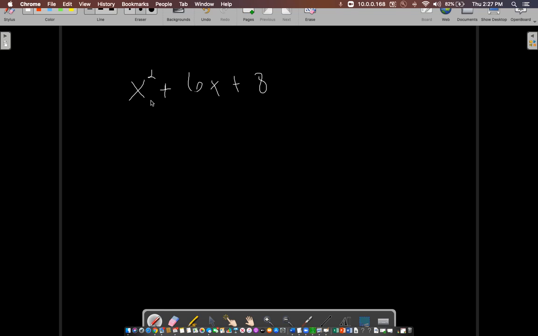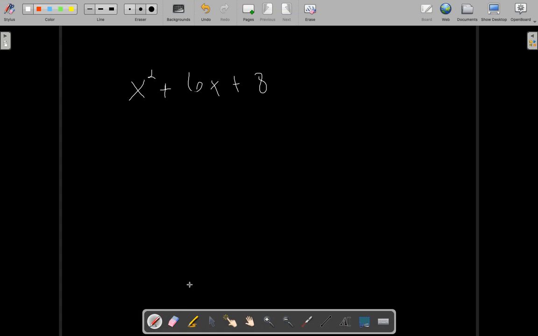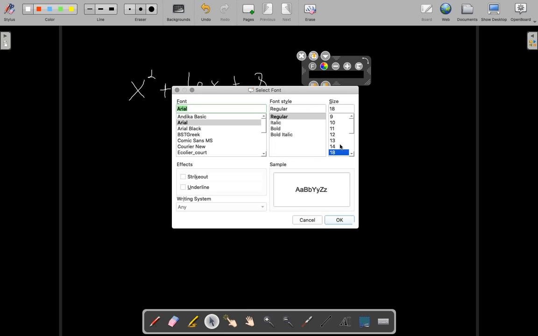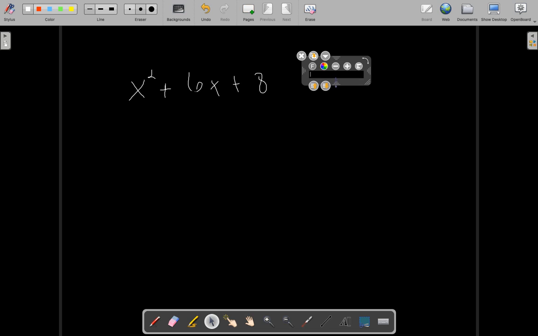So this right here is a quadratic, and we're going to be simplifying this quadratic. Bear with me as I go along.